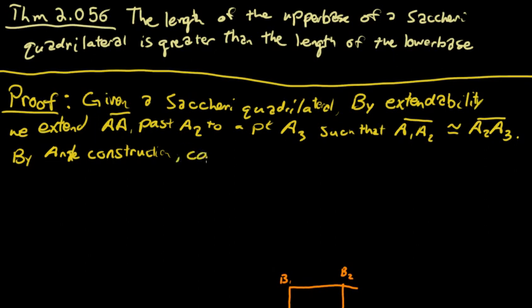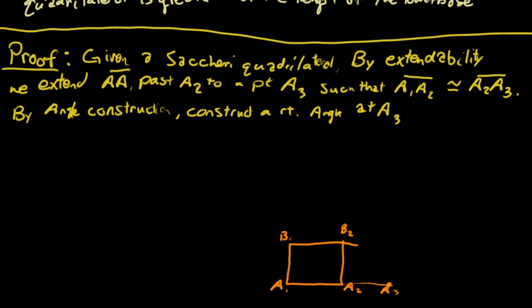By angle construction, construct a right angle at A sub 3. So let's go down just a little bit so we can see that better. So construct a right angle at A sub 3. So we have this right angle here. And we know these are right angles.